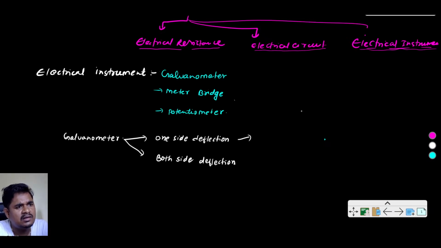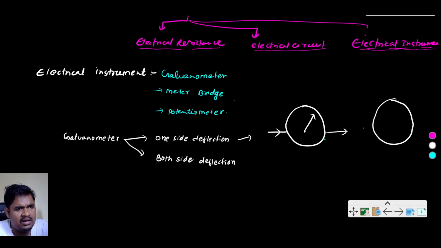In one side deflection, you will have a galvanometer like this way, and this is the current coming like this way, and the needle of the galvanometer will point in this direction. And again, you will have the galvanometer here, and this is the circuit, but current is coming from this side. In this case, your galvanometer will deflect again in the same manner. This tells you that some current is passing through the galvanometer.